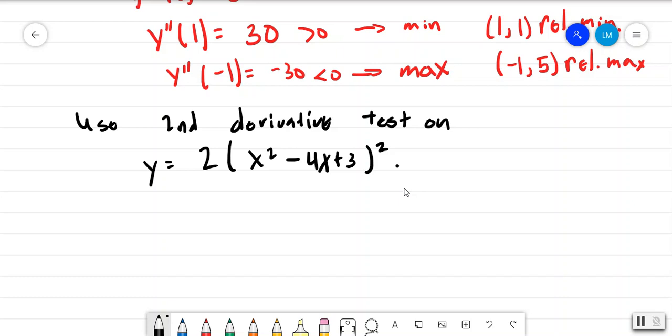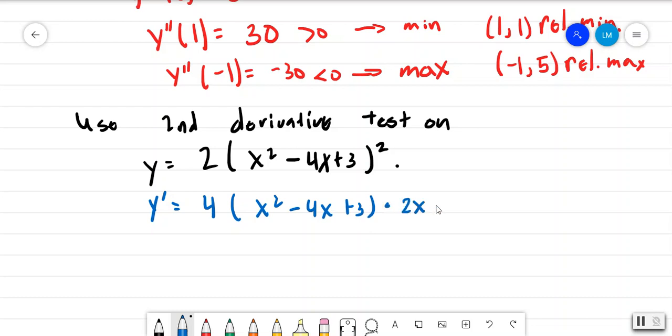So when we apply the first derivative test, we're going to find that y prime equals 4 times (x squared minus 4x plus 3), but then multiplied by (2x minus 4).